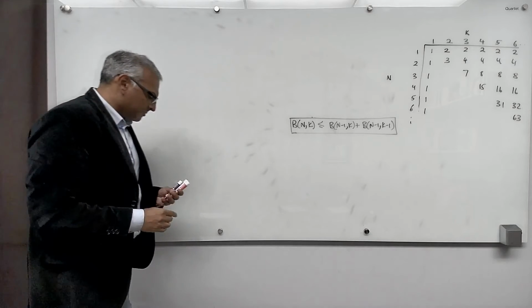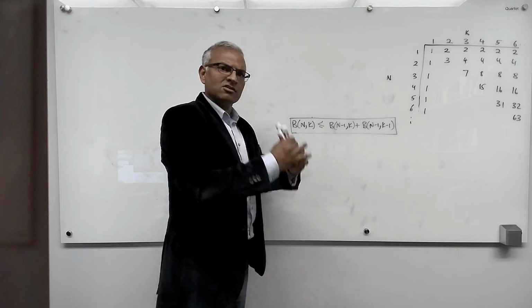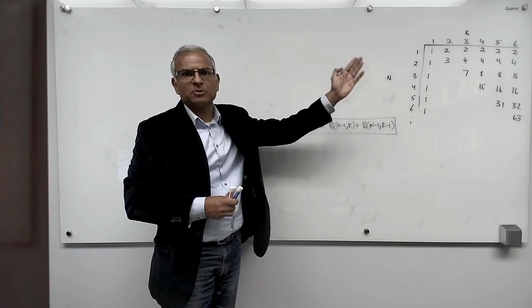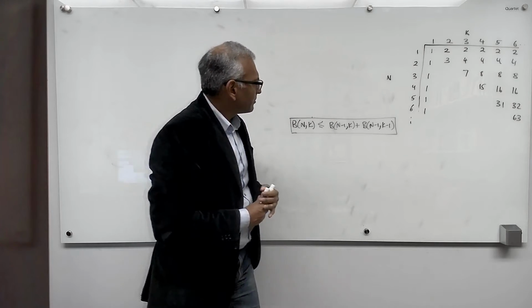How does this upper bound help us? Well, for one, we can use it to fill in this table, but not with exact values, but with upper bound values. So let's see what it's saying.